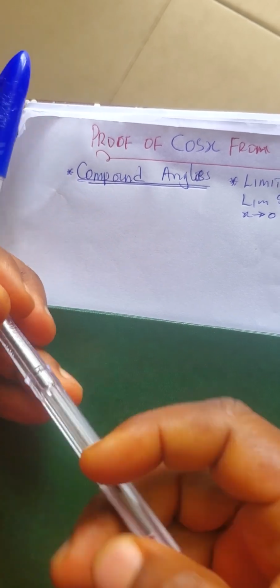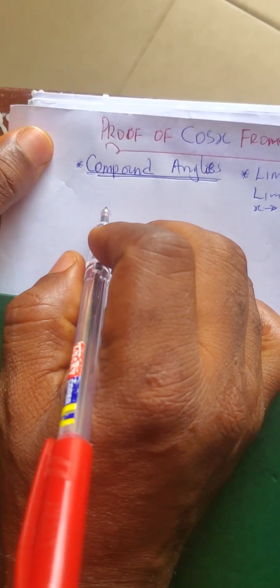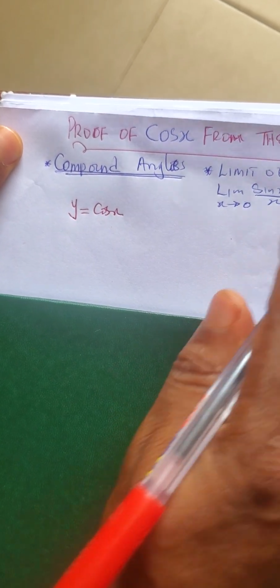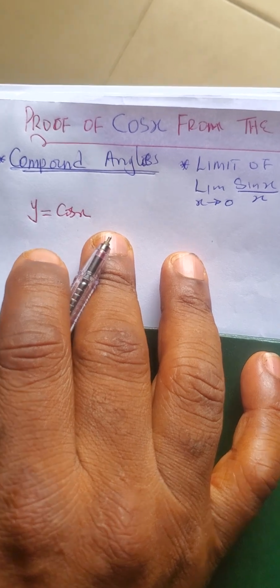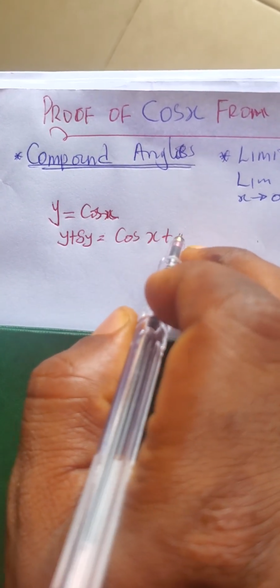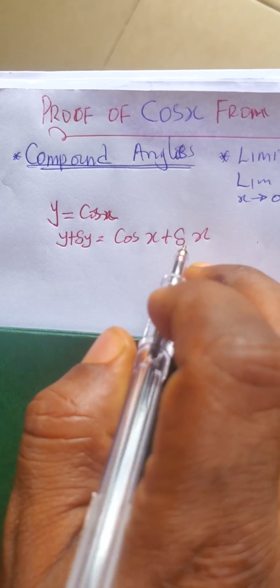So we start. Let y be equal to cos x. That's where we are starting from. In this y, any little increment in x will lead to an increment in y. So we can say y plus increment in y is equal to cos of x plus increment in x.